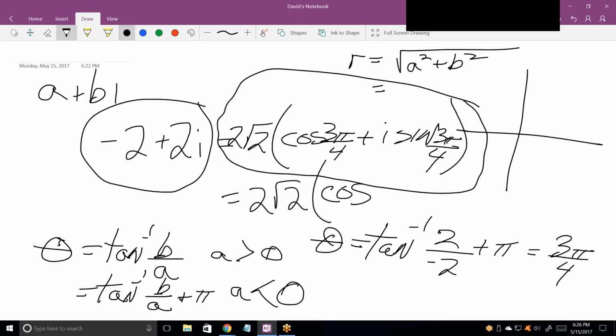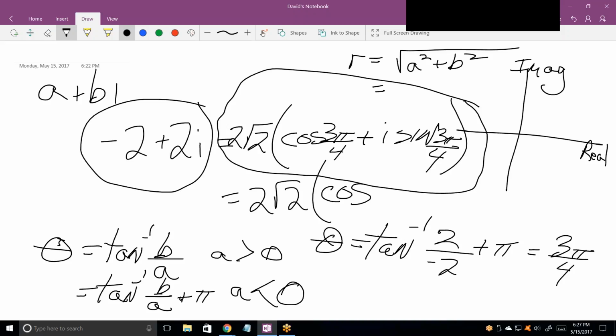Okay. Now let's graph it on the imaginary plane and see if we're in the right quadrant. Well, when you graph an imaginary number, the horizontal is the real, the vertical is the imaginary.